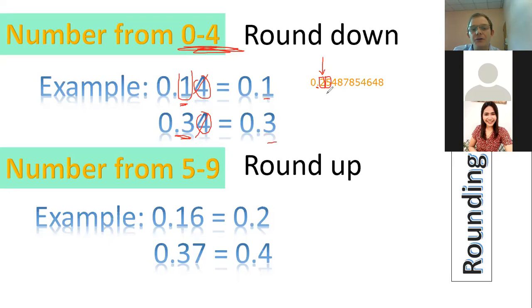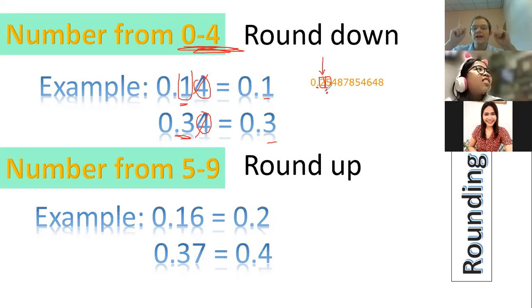Now for the 5 here, our rule is different. We go up, we round up. So then the 5 will become a 0. We scratch it out, plus 1. Next number. So this 6 becomes a 0, but we plus 1.